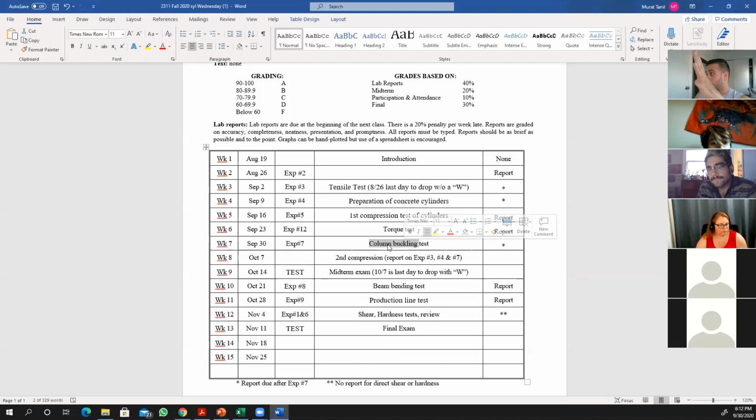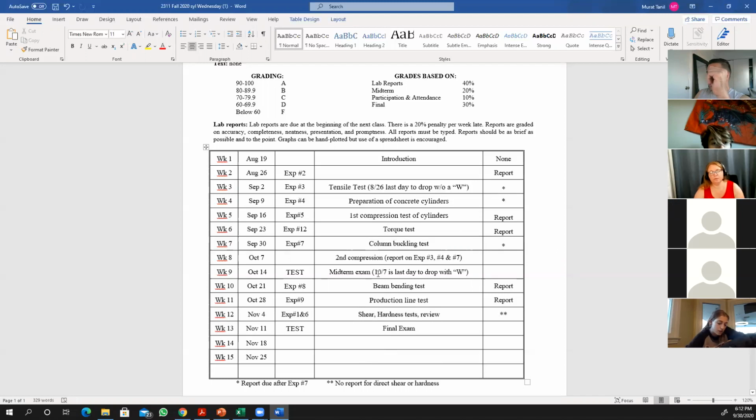There's no graph on the column buckling. You're lucky. So torsion is done. Once we have the midterm on October 14, October 21st is beam bending. I love beam bending. We're going to spend quite a bit of time on it. It's interesting. And then we're going to have the production line test.